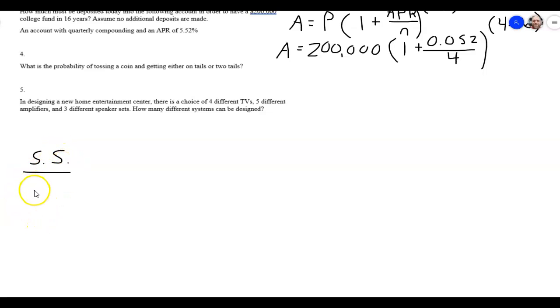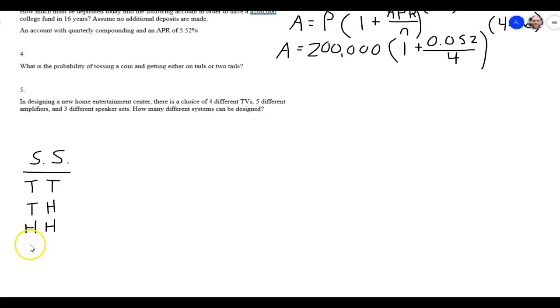And I can get no heads, right? Or if we do it in the terms of tails, let's do each coin separately. So the first one could be a tails, the second one could be a tails. The first one could be a tails, the second one could be a heads. The first one could be a heads, and the second one could be a heads.